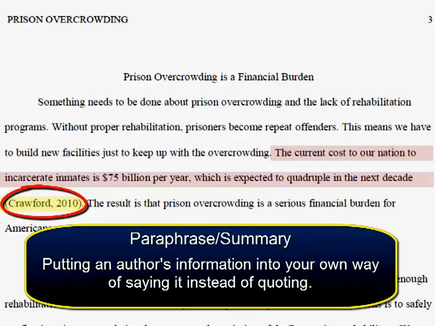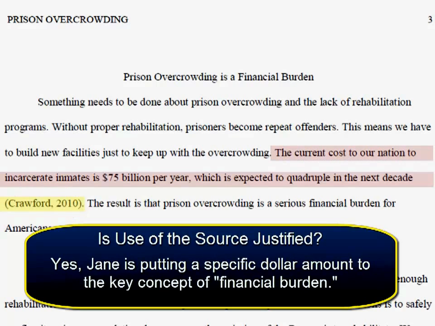This is a good choice because quotations should be used only when the original wording is important for some reason. Finally, it's easy to see a strong justification for the use of this source's statistics. Jane's subject is the financial burden of the prison system.